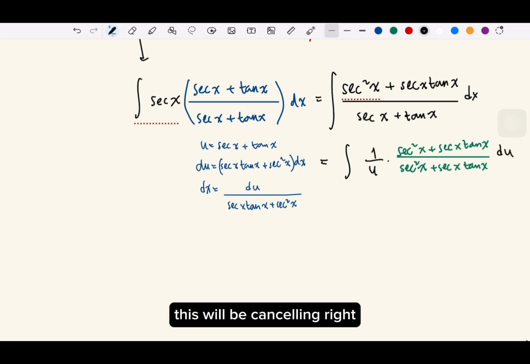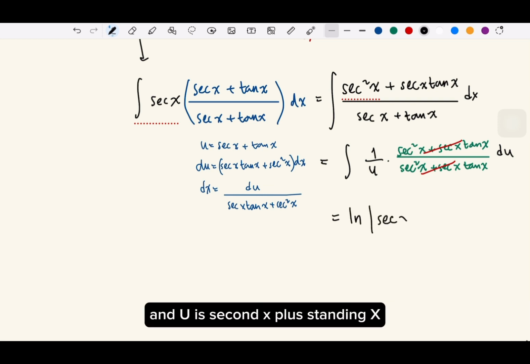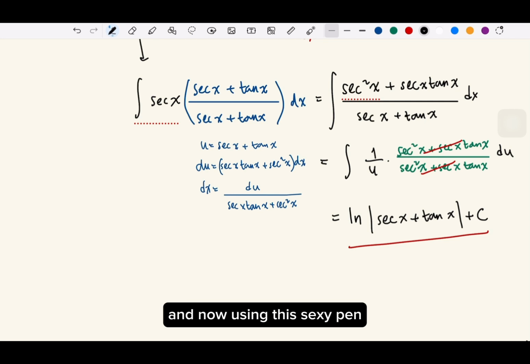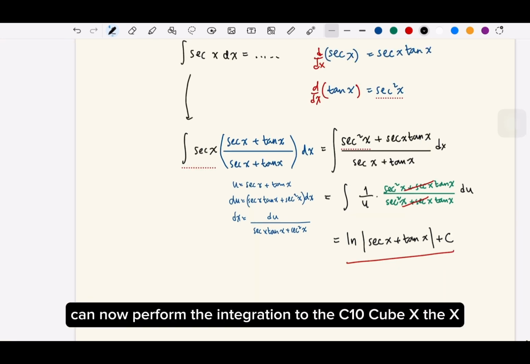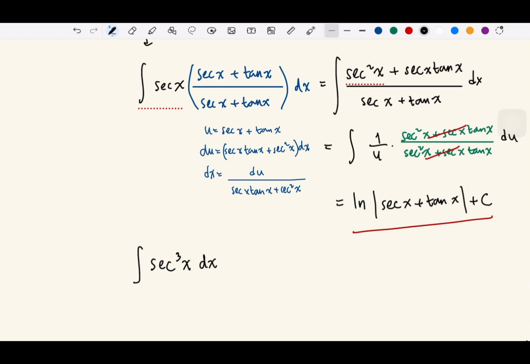This will be du, this will be cancelling, right? So the integration of 1 over u will be ln, and u is secant x plus tangent x, so this will be plus c. And now using this secant, we can perform the integration of secant cube x dx.